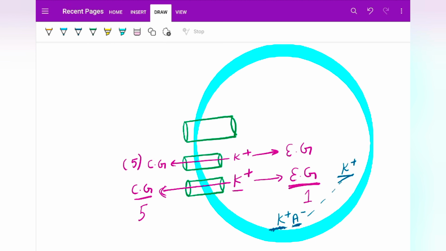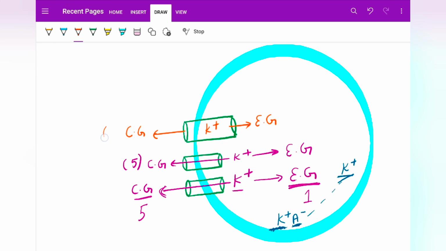Now look at another situation. Let's suppose a significant amount of K plus has diffused out, producing more and more electronegativity inside the cell and more diffusion potential. There comes a time when the concentration gradient acting outwards becomes exactly equal to the electrical gradient acting inwards.